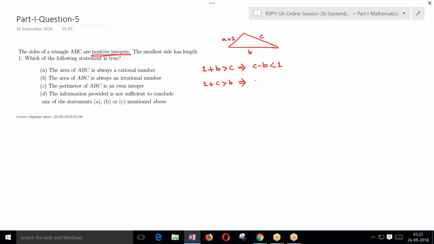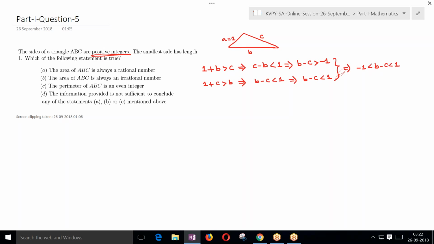This implies b minus c is less than 1. From the first, b minus c is greater than minus 1, and from the second, b minus c is less than 1. If we combine these two, we get minus 1 less than b minus c less than 1.